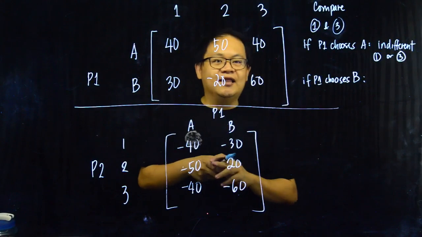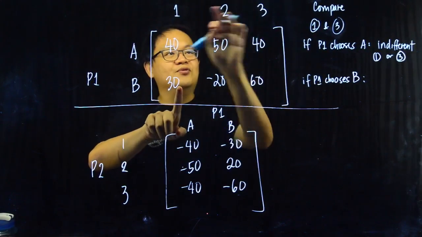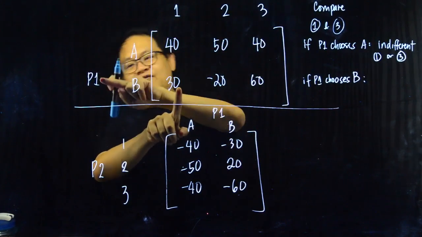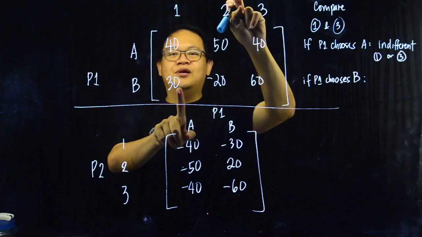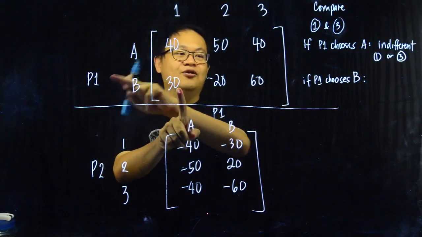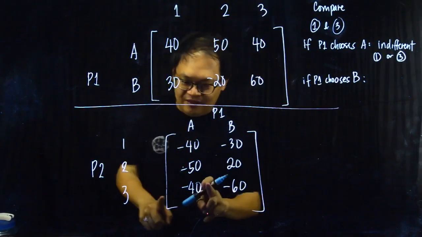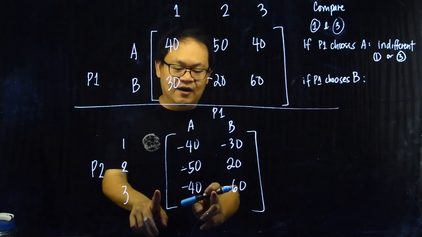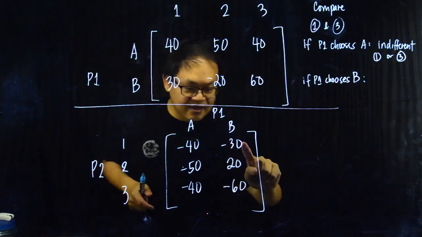Therefore, this 30, in the point of view of player 2, is a win for player 1 or a loss of player 2. This 60, which is a win for player 1, is actually a loss of 60 for player 2. And that is being supported by this transformed payoff table in the point of view of player 2. Look at 30 and 60.